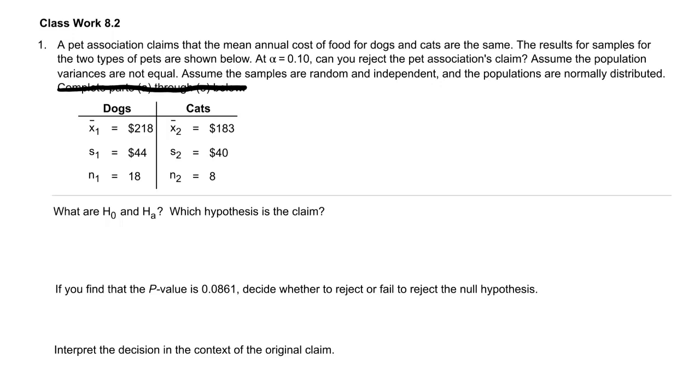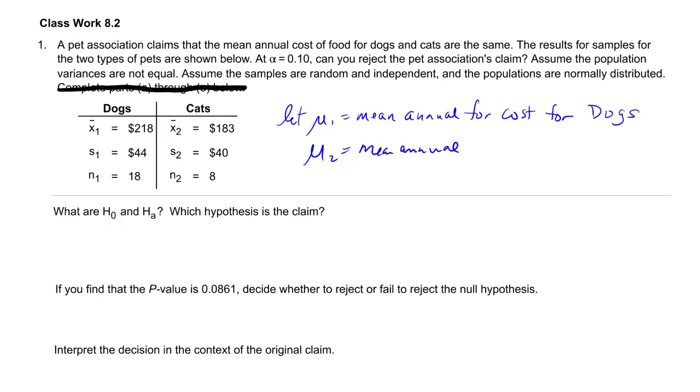Okay, so let's do this. Let's let mu1 be the mean annual food costs for dogs, since that's the one they have there with the one subscript, and let mu2 be the mean annual food cost for cats.